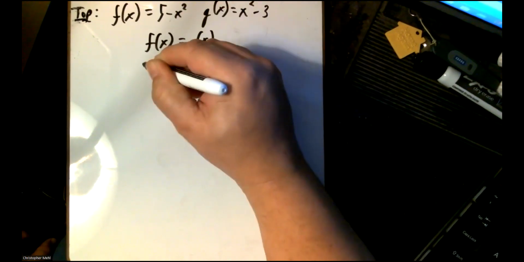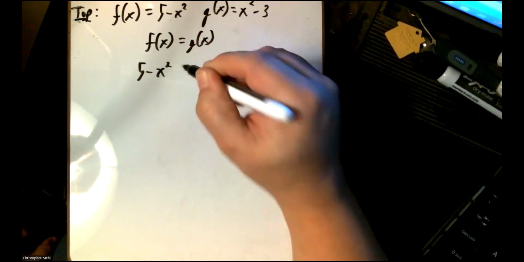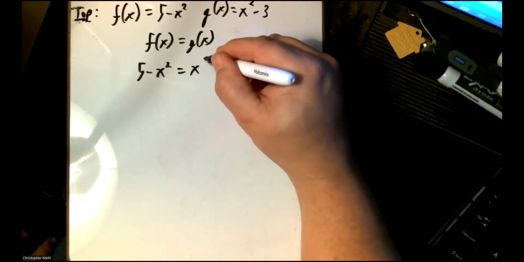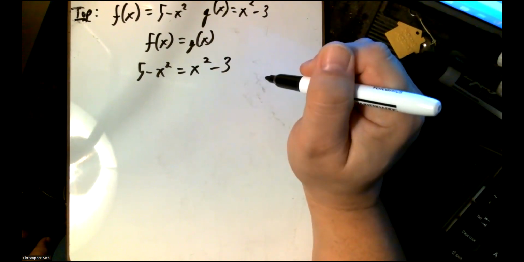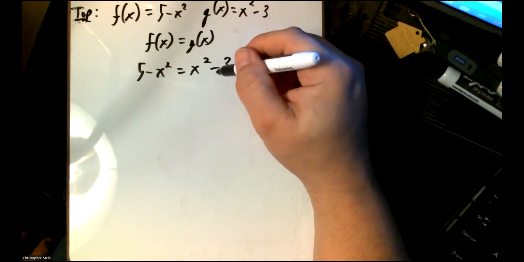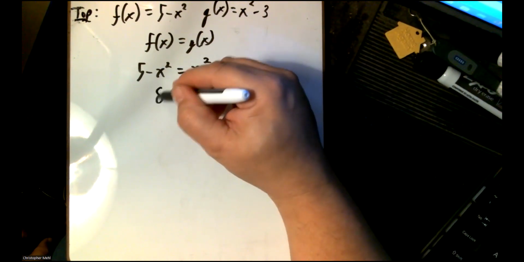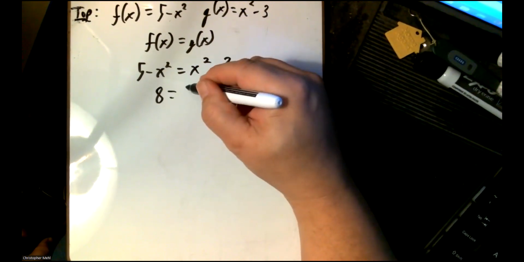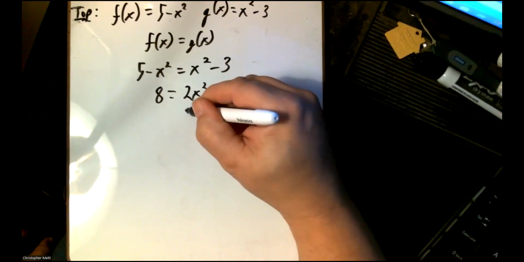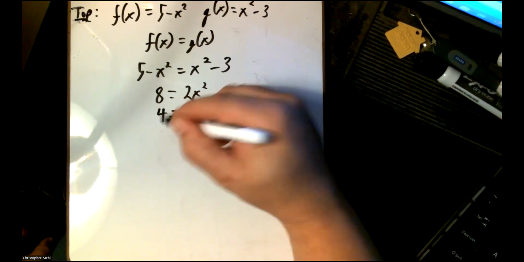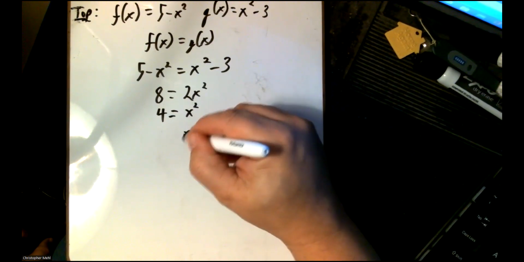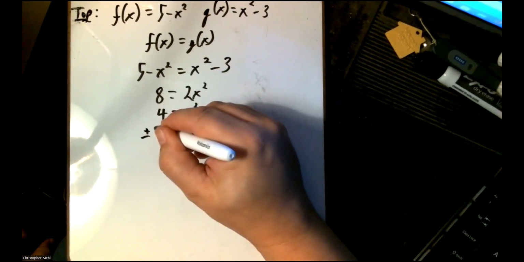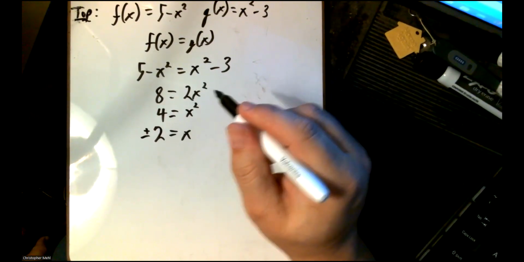I need to set f of x equal to g of x to figure out what that region is going to be. So I have 8 equals 2x squared, so x squared equals 4. If I take the square root, x must be plus and minus 2.